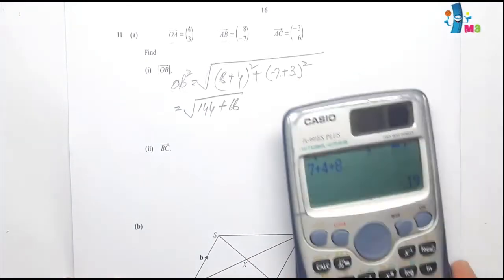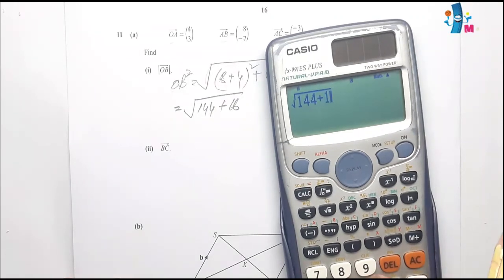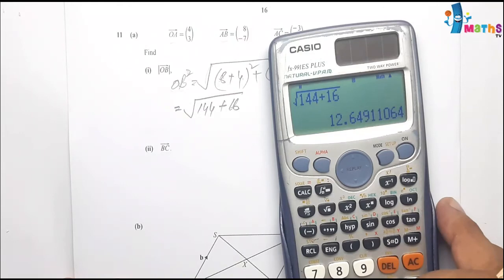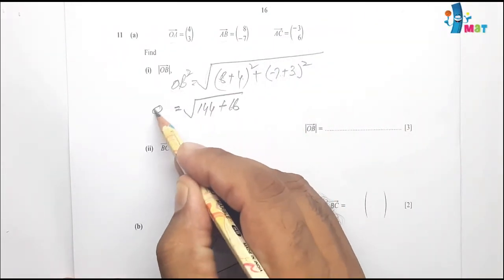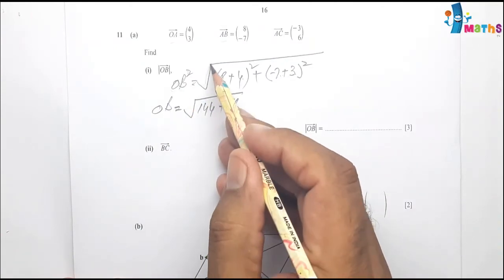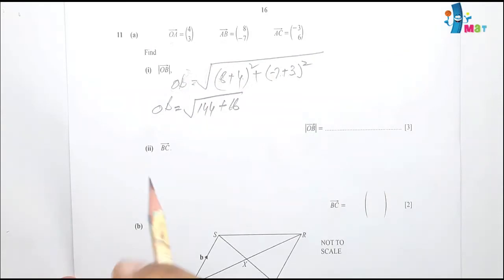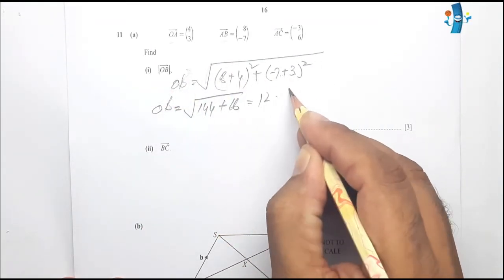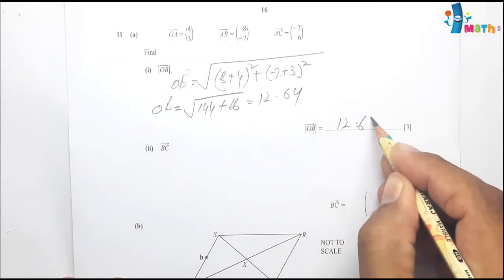So the square root of 144 plus 16 is 12.64. So OB is 12.64, and this will be the answer.